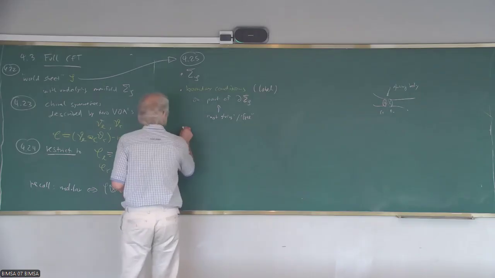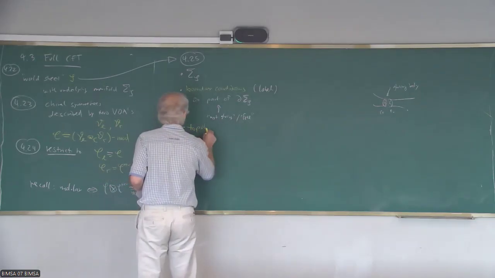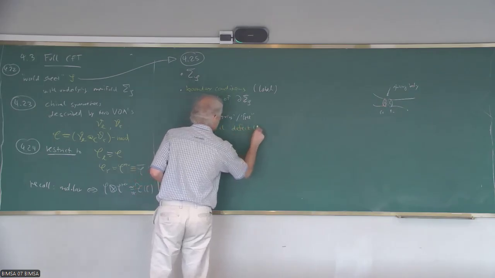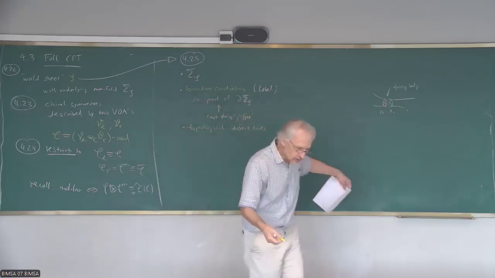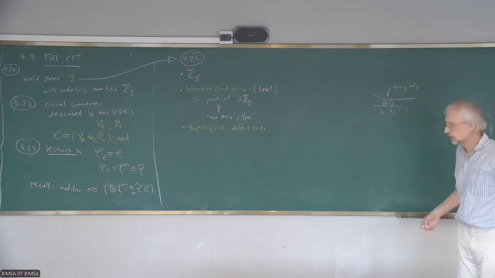And then there can also be, as I mentioned, defect lines. To be precise, topological defect lines. This means the following. Our aim is to determine the correlators, which are special elements in the space of conformal blocks.